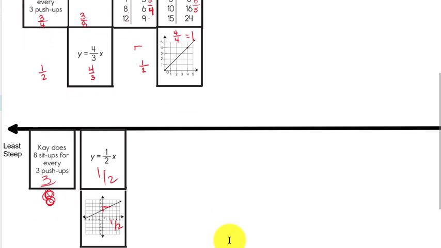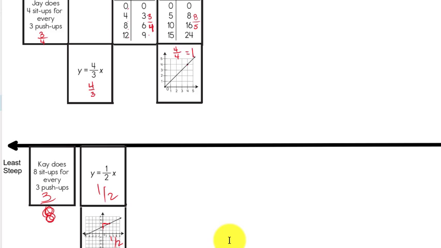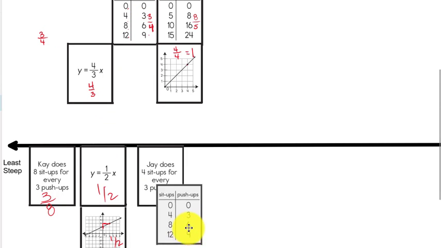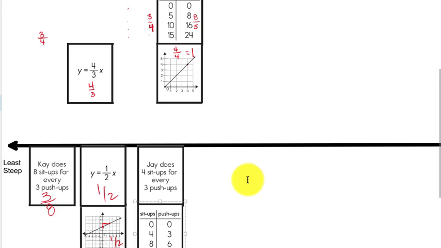After 1/2, it's not going to be 4/3. That's more than 1, and I've got to get to 1 first, so I'm not there yet. So there's one that will fit in between. And you are correct. That would be the 3/4, and there's 2 of them, so we're going to put those beside each other. So this one had a rate of change of 3 to 4, and as did this one.